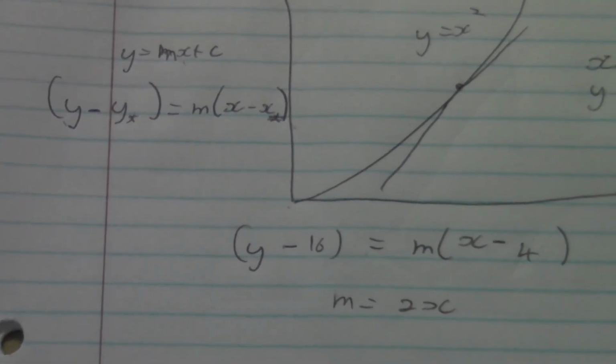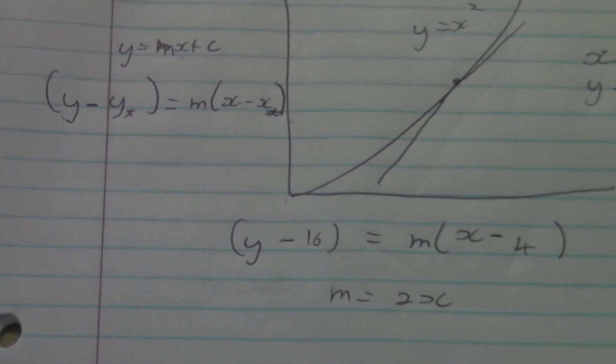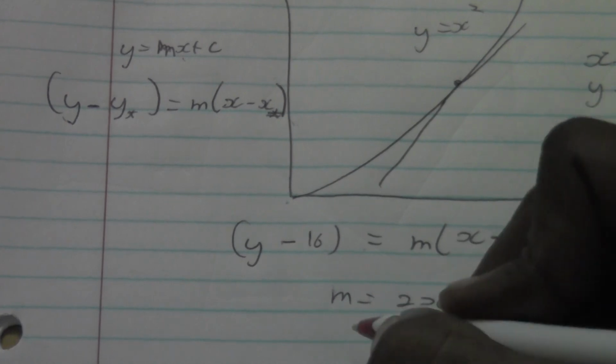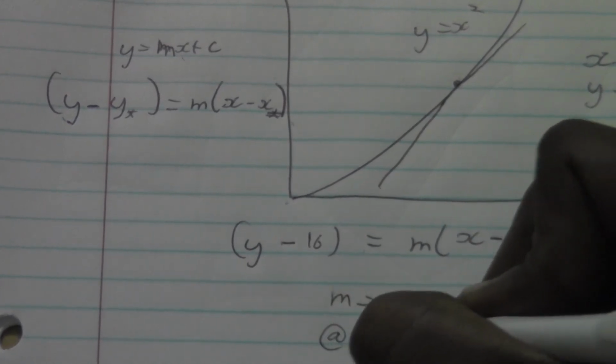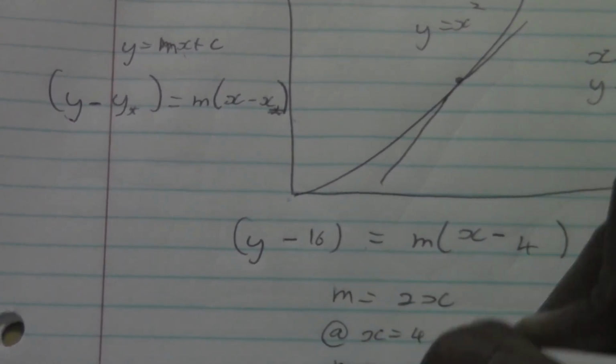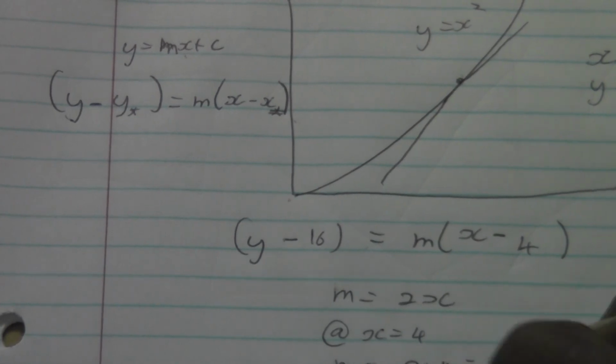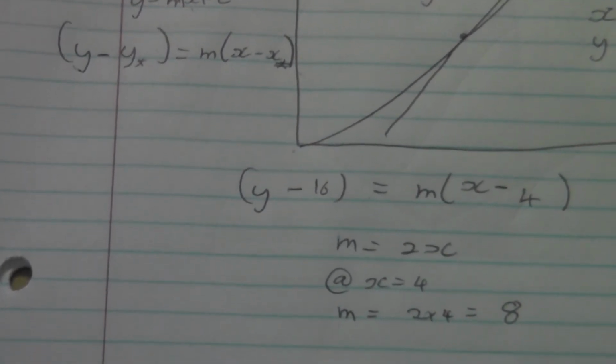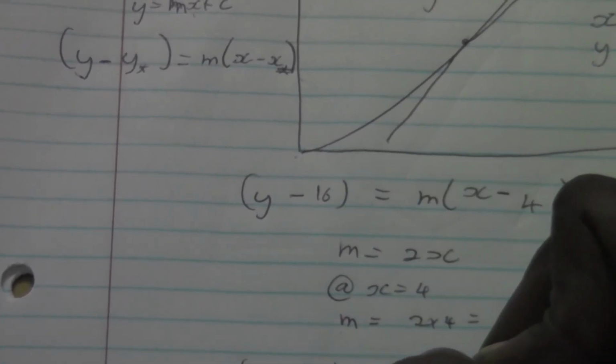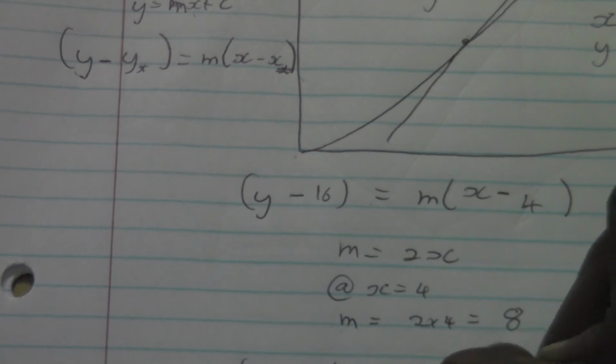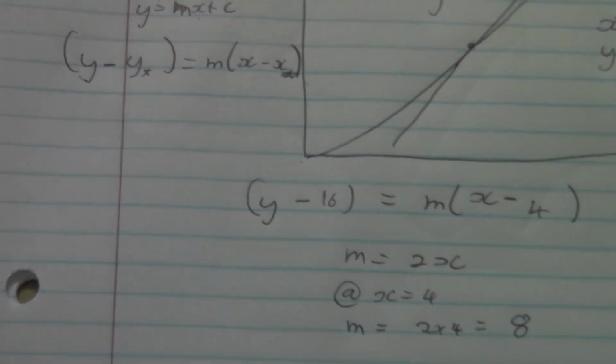But what is the gradient at x equals 4? Because the specific number changes with the x. It's a general gradient equation. So at x equals 4, the gradient is equal to 2 times 4, which is equal to 8. Correct? So y minus 16 is equal to 8 times x minus 4.